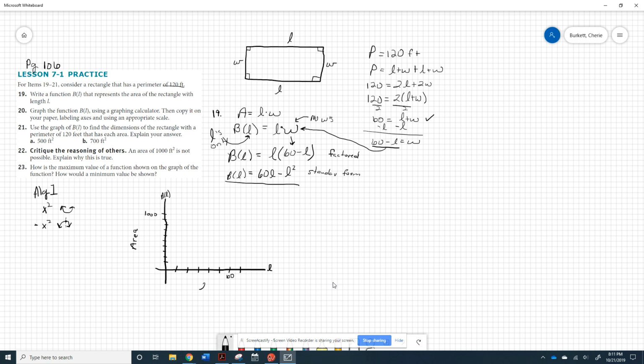And this is, of course, length. And what we're doing right here is graphing the area of a rectangle with perimeter equal to 120. So that's the title of this graph.